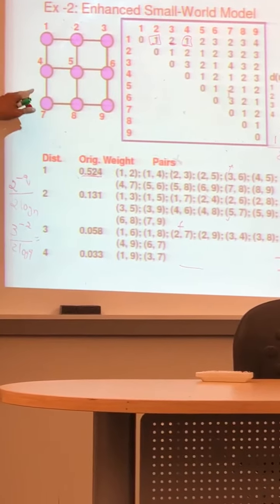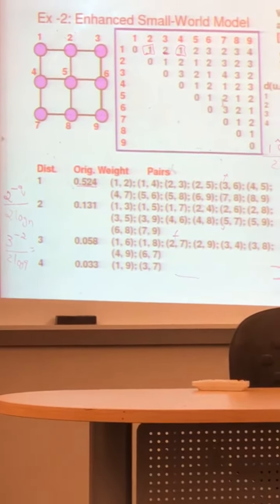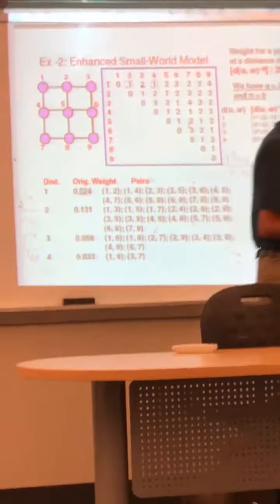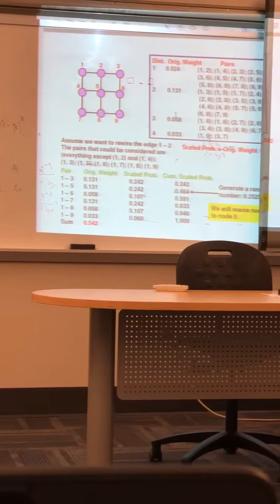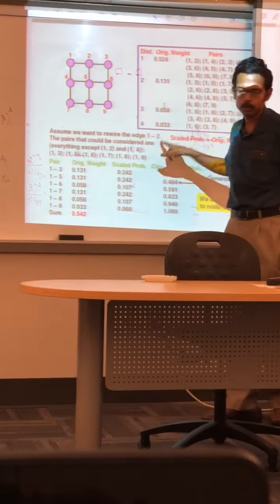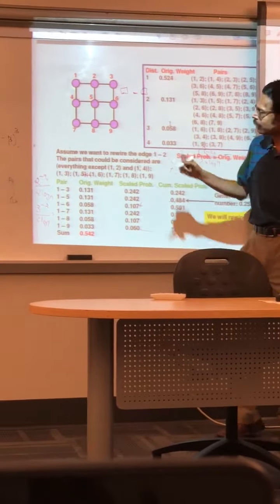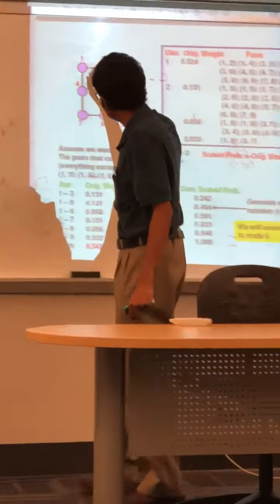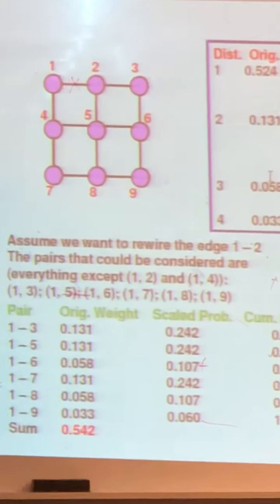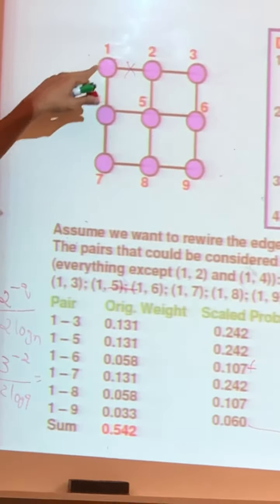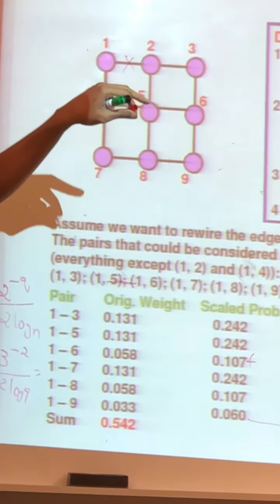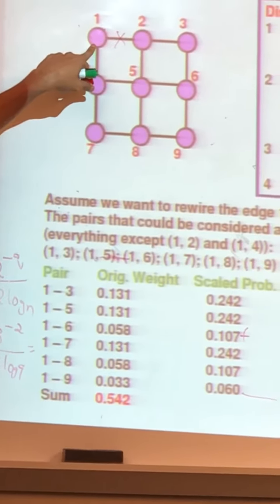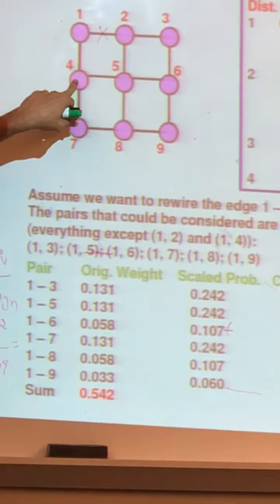Once we set up everything, we can decide to rewire any link we want. So let us say we want to rewire the edge 1, 2. Which means I need to remove this edge 1, 2 and connect 1 to some other vertex. Is that clear? The candidates are, you cannot have 2 or 4.